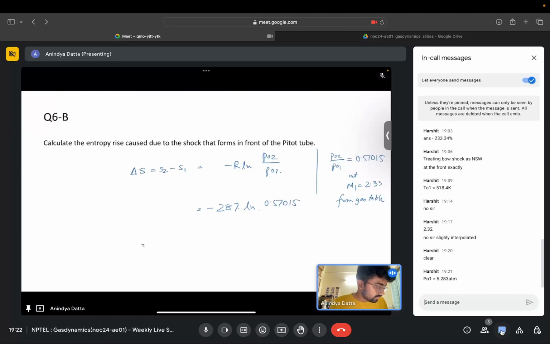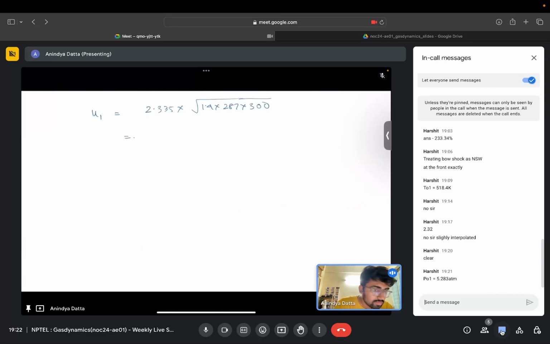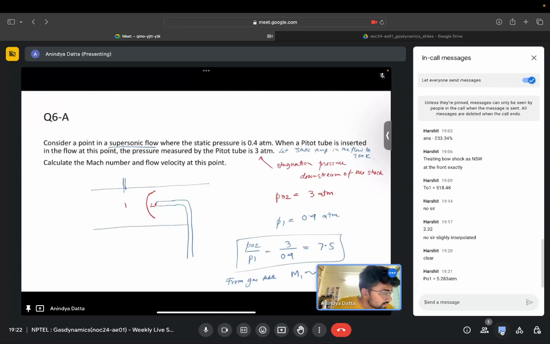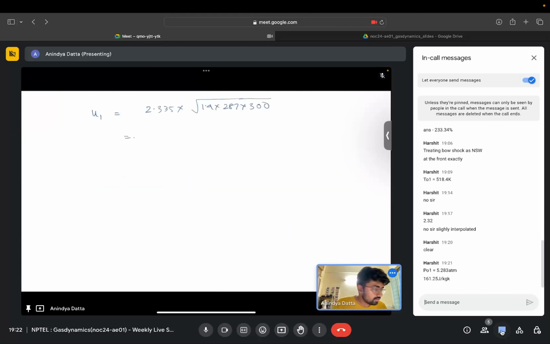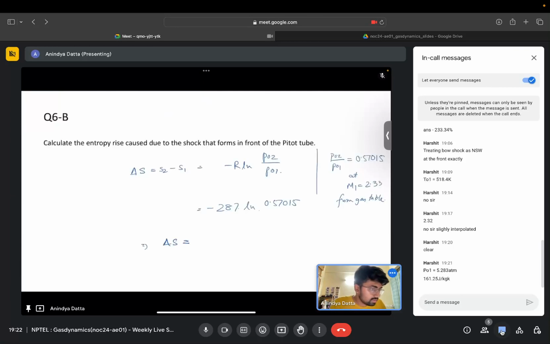Someone tell me what value you get. You can compute that from the ratio. So this will give 161.2 joule per kg Kelvin. Okay, right.